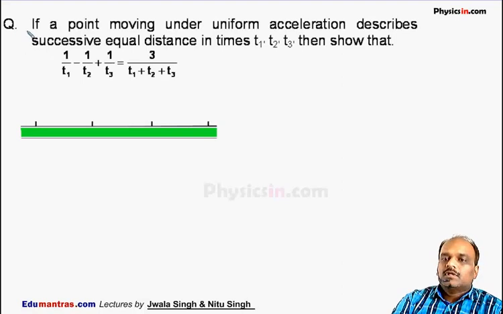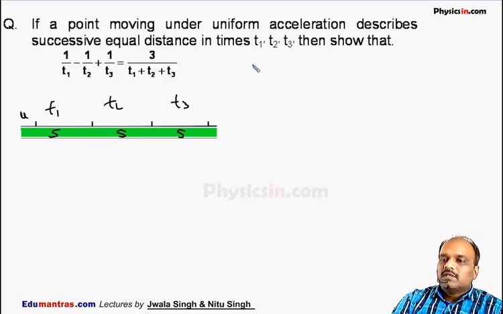This is a very good question. If a point moves under uniform acceleration and describes successive equal distances, let this distance be s, let this distance be s, in times t1, t2 and t3. Let the initial speed be u.